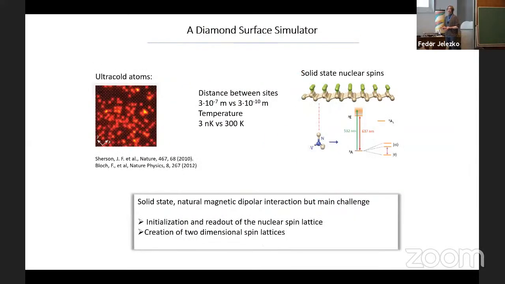Now, how to compare it with other simulators? This is a very active field. Ultracold atoms are a leading platform in this case. They're very cold, 3 nanokelvin or lower is what you need to reach. The distance between atoms is usually large in this case. And in our case, this device can operate up to room temperature.